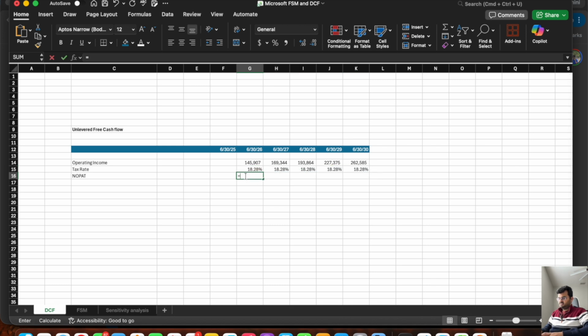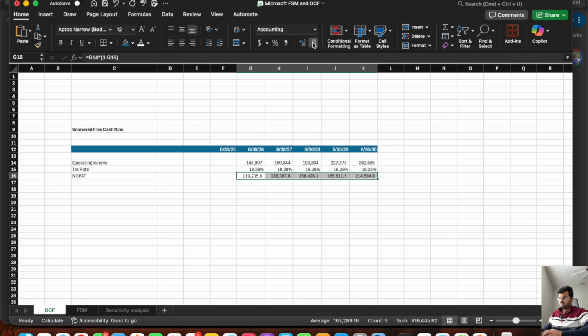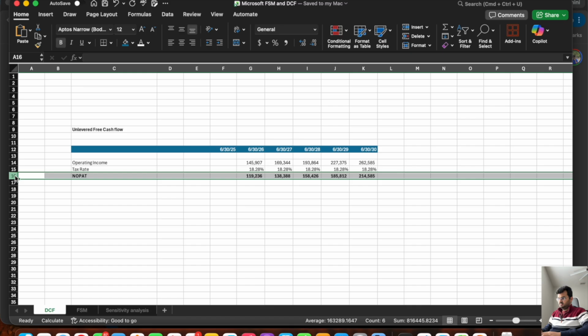Now NOPAT is just evaluating how much tax the company will pay, 1 minus this number. Okay, so this is the first input which we need.